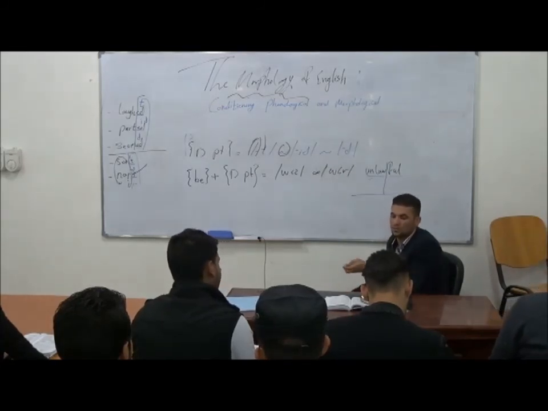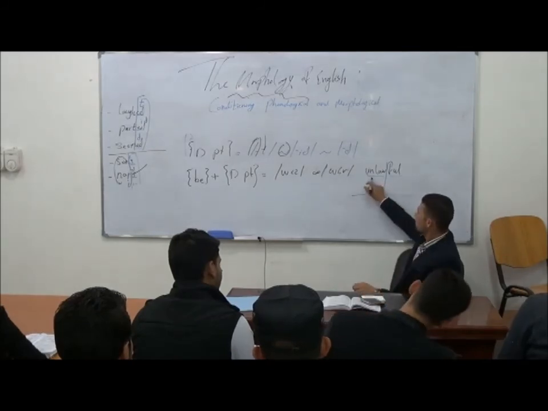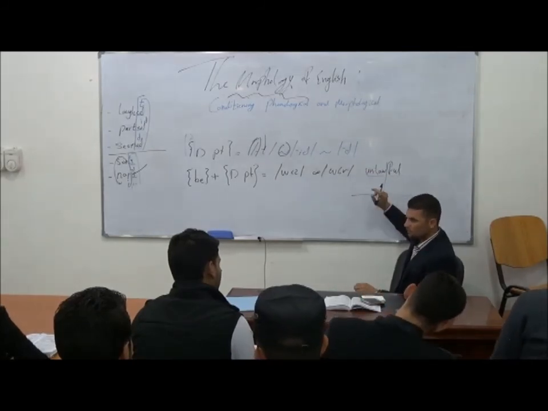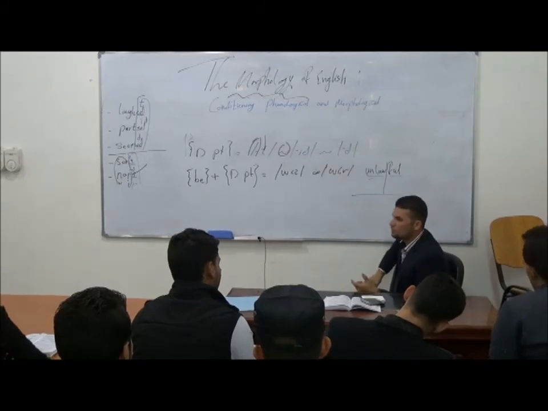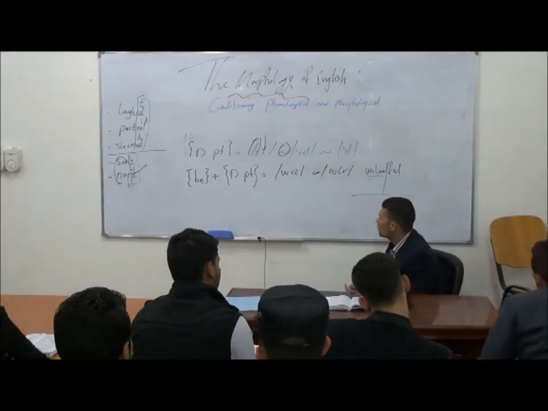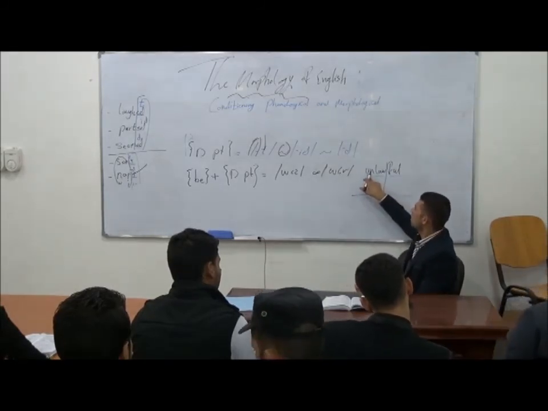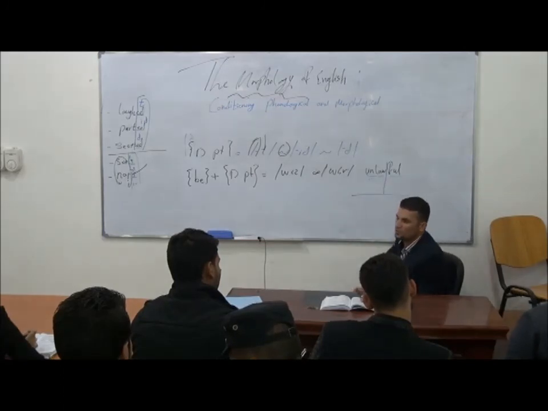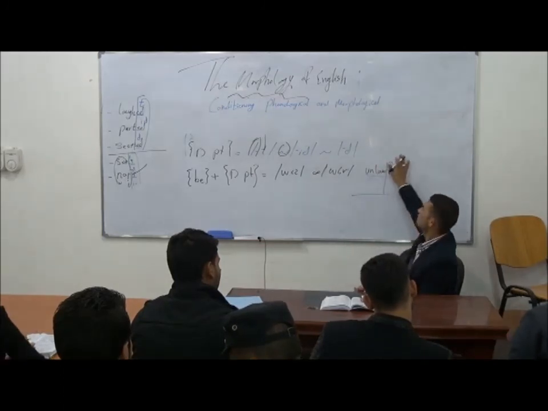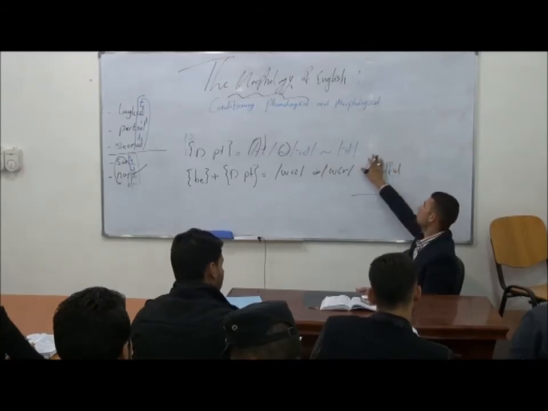The second recommendation says that one of the ICs should be, if possible, a free form. In this case, neither unlaw nor full is a free form. We do not have an English word like unlaw, nor full.